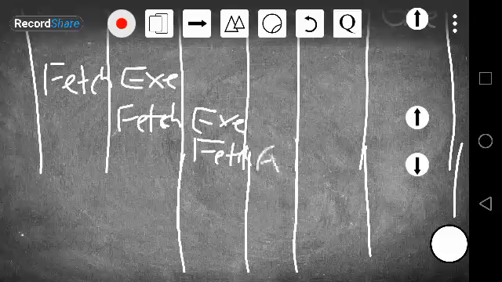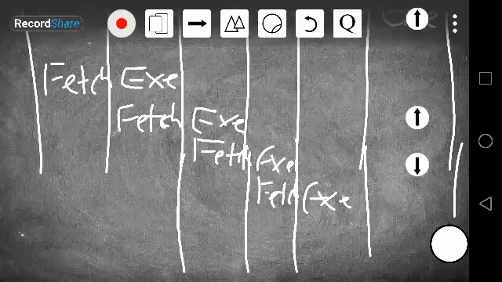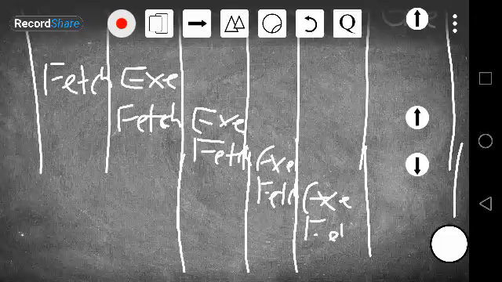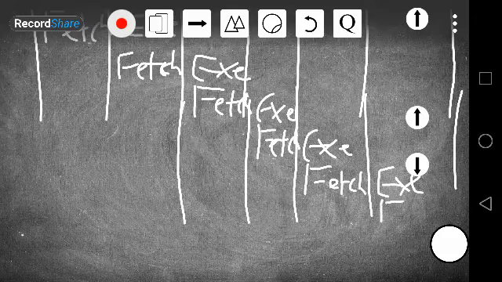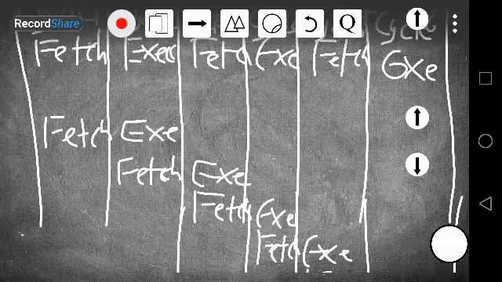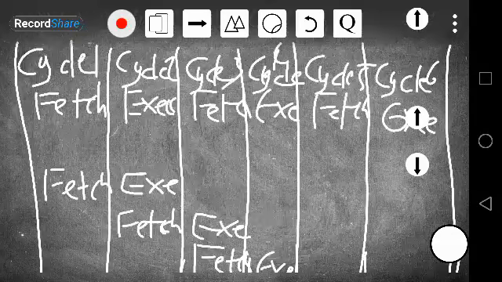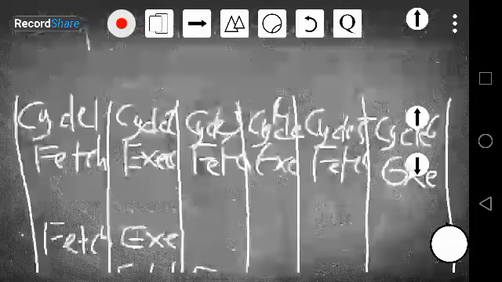You execute while you're fetching, you execute, you fetch, you execute, you fetch. Okay, so when you hear that Harvard uses pipelining, this is what we call pipelining. Okay, so if you look, we have about 6 cycles.